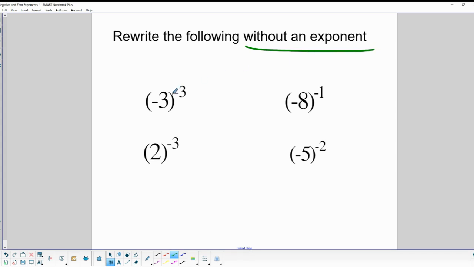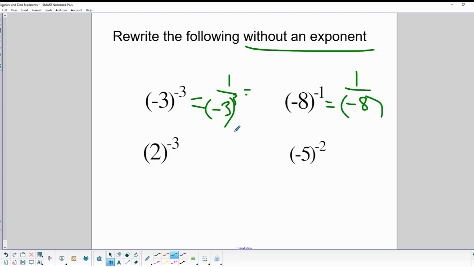That means if we can get rid of the negative exponent, we're going to actually have to evaluate it. So this would be 1 over negative 3 to the 3rd power, which equals... okay, for the next one, negative 8 to the negative 1 power, that would become 1 over negative 8 to the 1st power, or just 1 over negative 8.